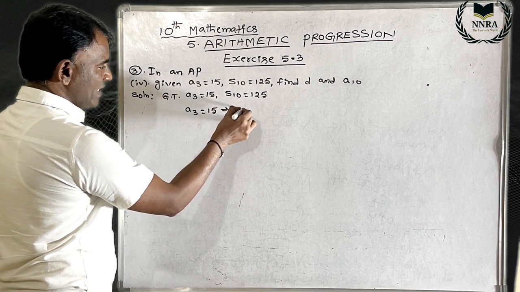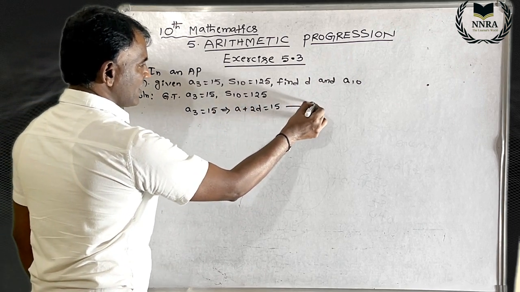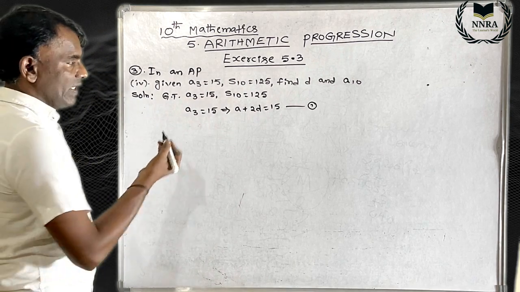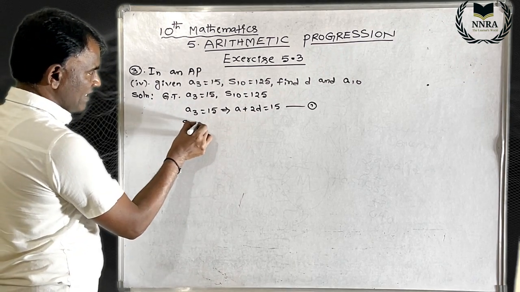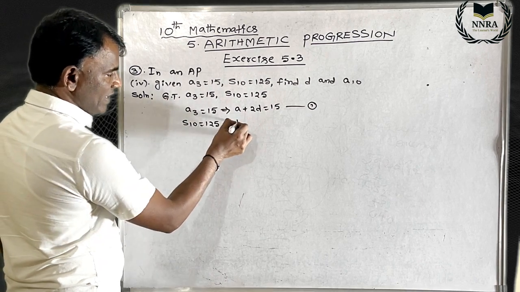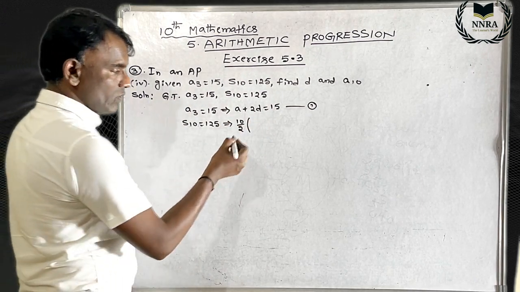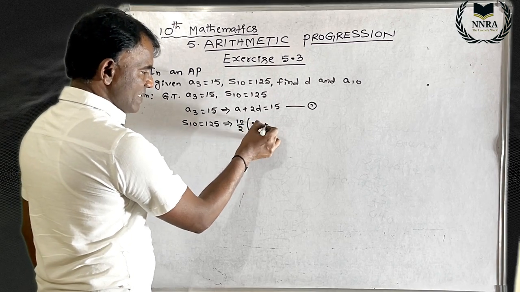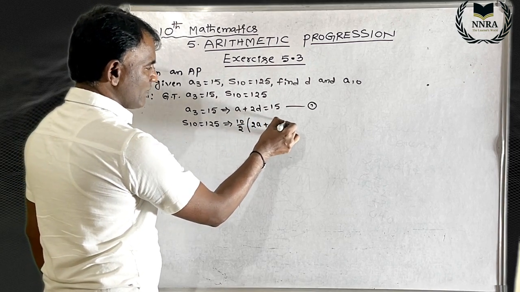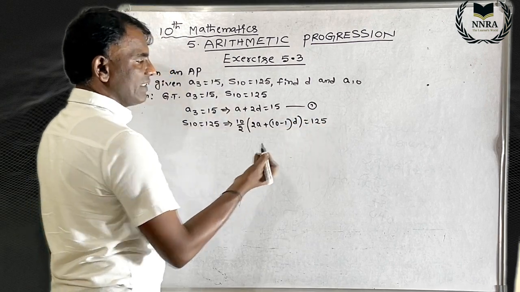So A3 can be written as A plus 2D equal to 15, equation number 1. And after that write S10 equal to 125. So S10 can be written as 10 by 2 into 2A plus n minus 1, 10 minus 1 into D. It is equal to 125.